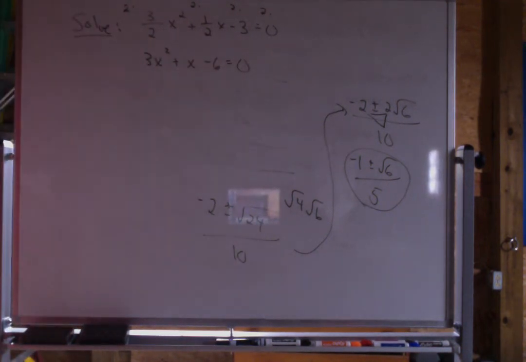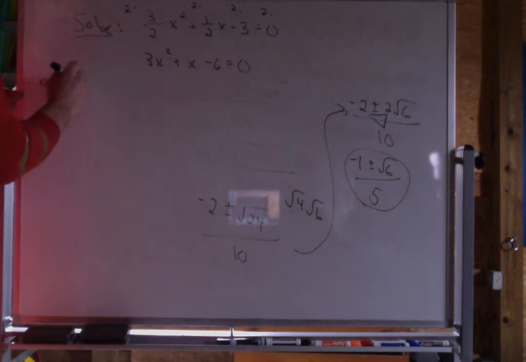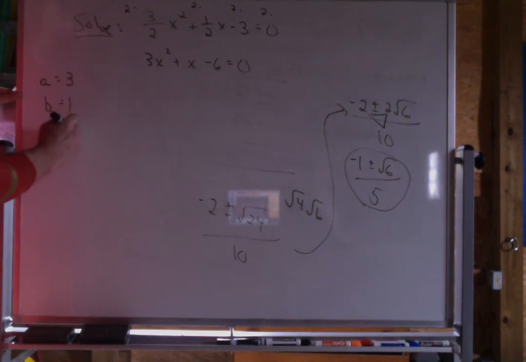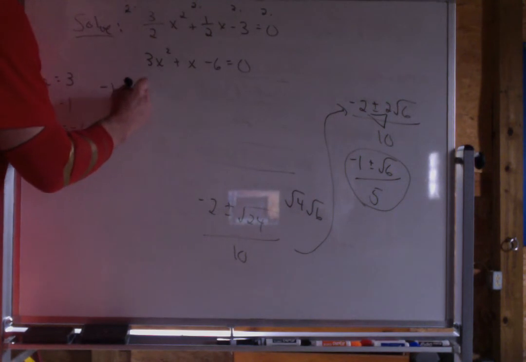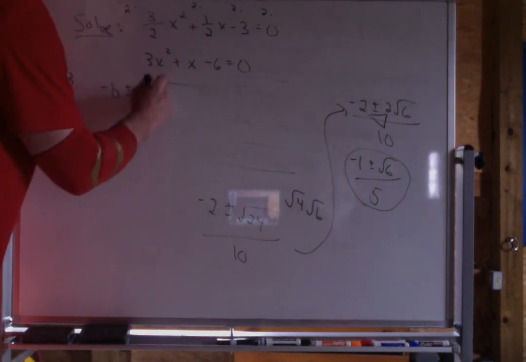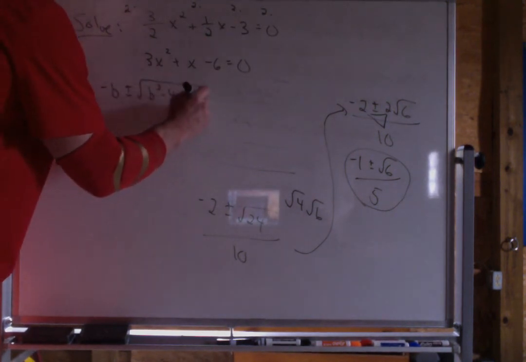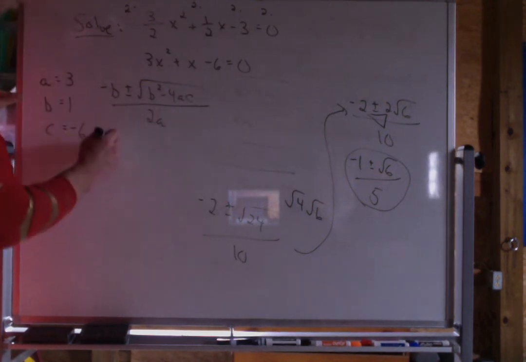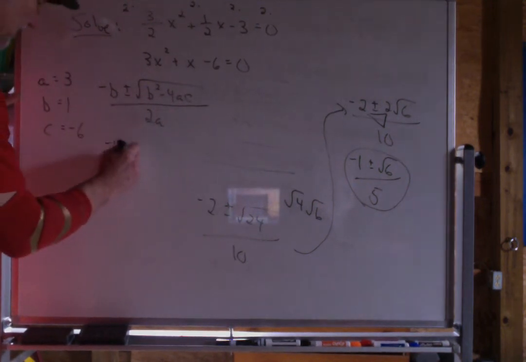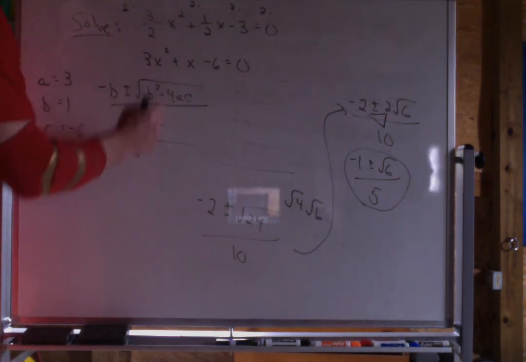Now, right from here, I can list my a, b, and c. I'm going to do it off to the side. a is 3, b is 1, c is negative 6. Again, I'll write my formula out: negative b plus or minus the square root of b squared minus 4ac over 2a. I'll go negative 1 when I evaluate, plus or minus 1 squared is 1.